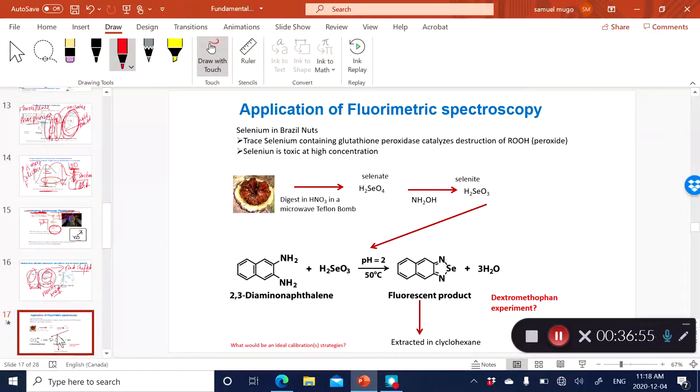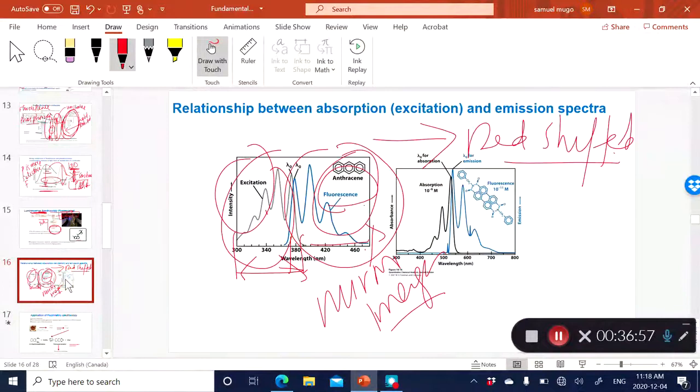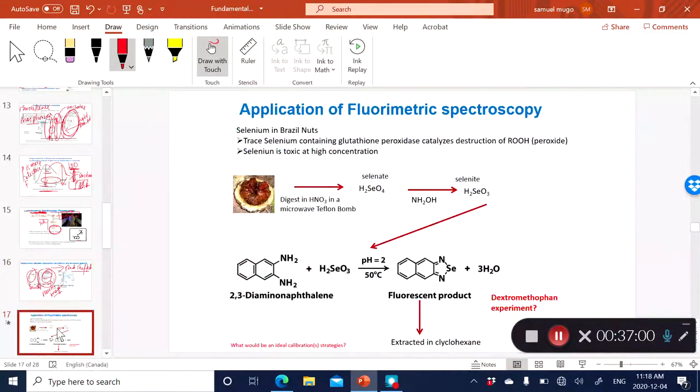So let me very quickly talk about the applications of emission spectroscopy, particularly fluorescence spectroscopy. It's a very, very sensitive technique, because not many compounds out there fluoresce. So it's a very selective and sensitive type of technique. For example, people can use it, and I've used it, to analyze elements such as selenium in Brazil nuts. But because selenium itself is not very fluorescent, people would often do derivatization.